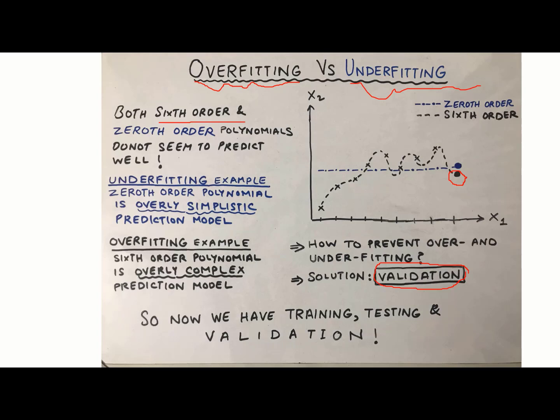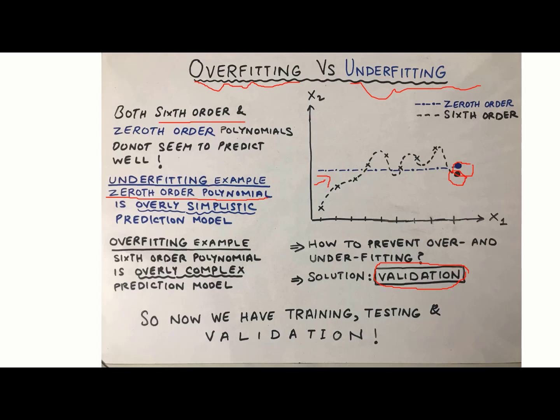Likewise, if your polynomial is overly simplistic, such as a 0th order polynomial, a straight line with zero slope, that may be just too naive, and it suffers from the same fate that the prediction accuracy is very small.